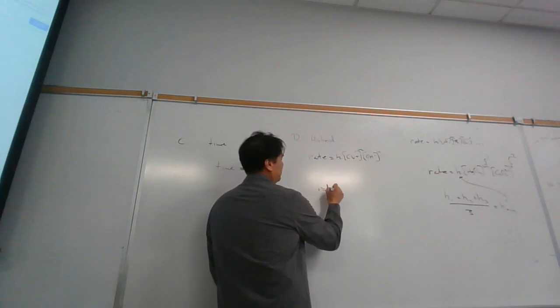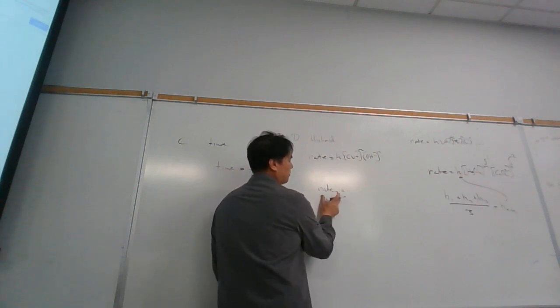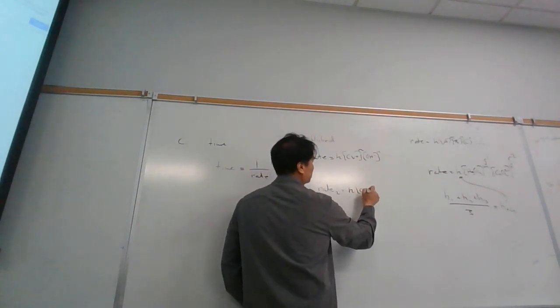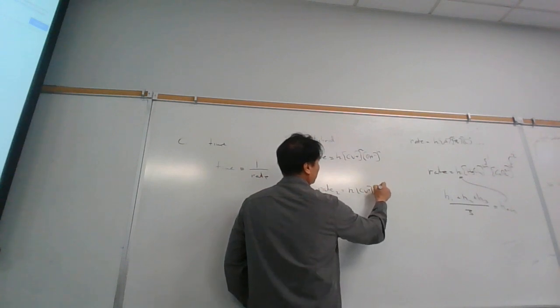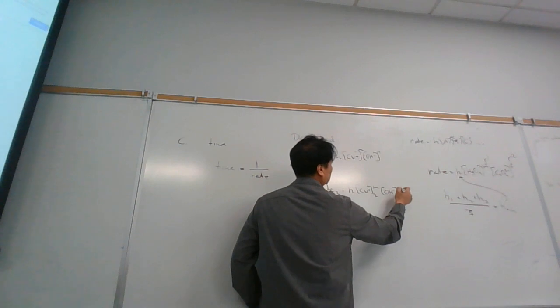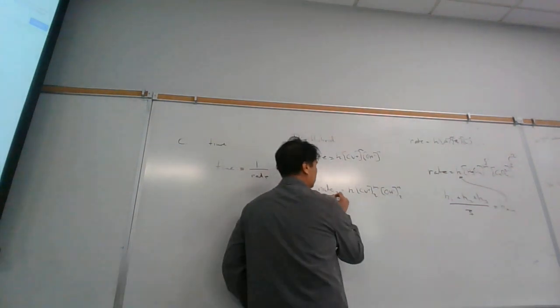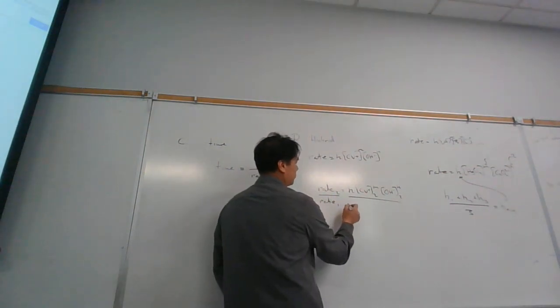So we could say the rate for run 2 is faster, so I'll put it on top, so it's going to have a bigger rate, is going to equal K times the crystal violet concentration in run 2 to the M times the hydroxide concentration in run 2 to the N. Then I'm going to divide this by rate 1, so we'll just take a ratio.